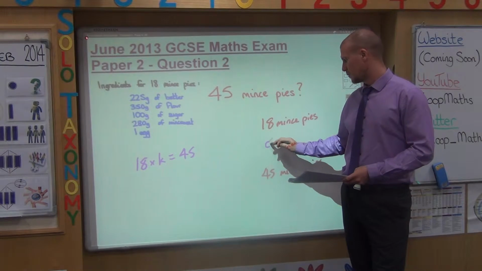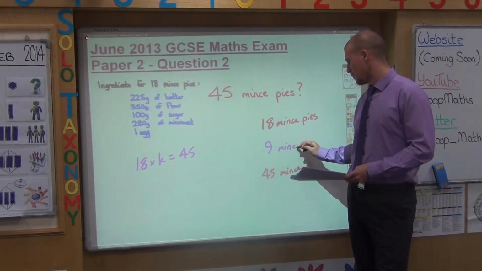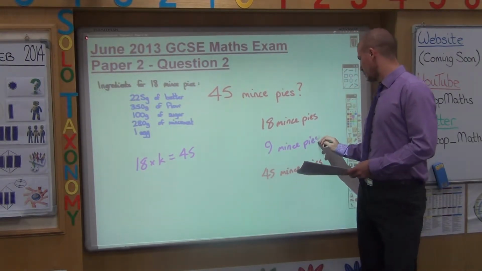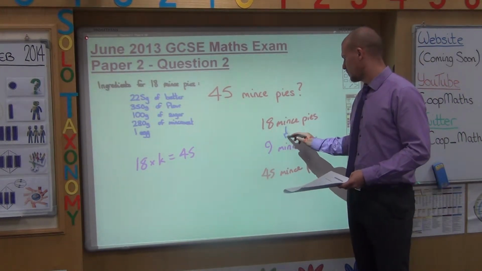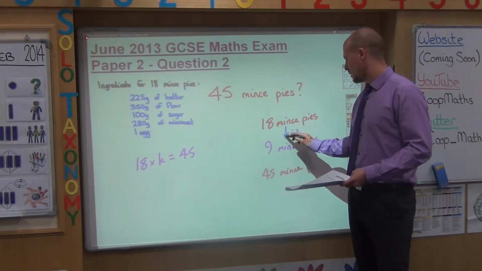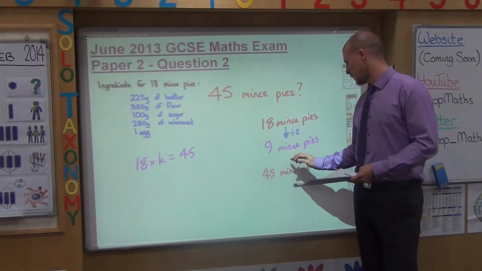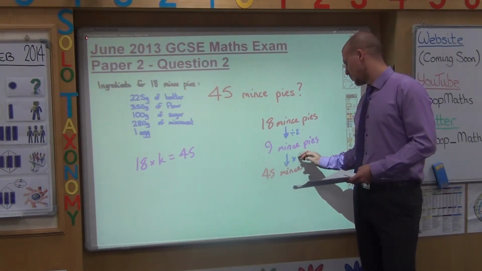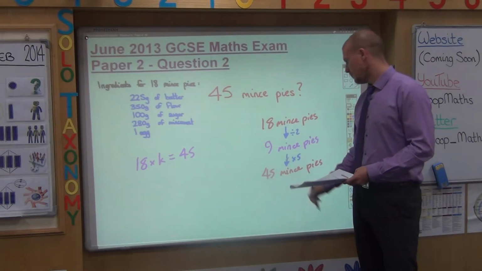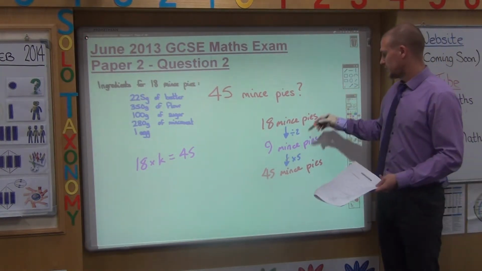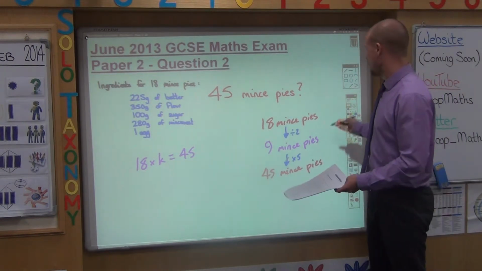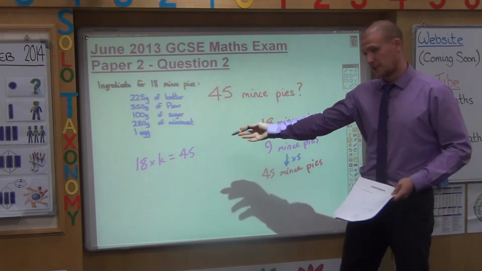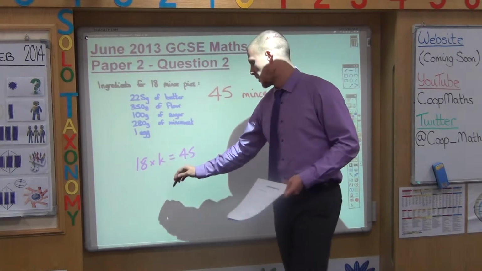in order to go from 18 mince pies to 9 mince pies, you'd be dividing by 2. And then to go from 9 mince pies to 45 mince pies, you would multiply by 5. So divide by 2 times by 5, or times by 5 divided by 2. You end up with the same value as this k here.